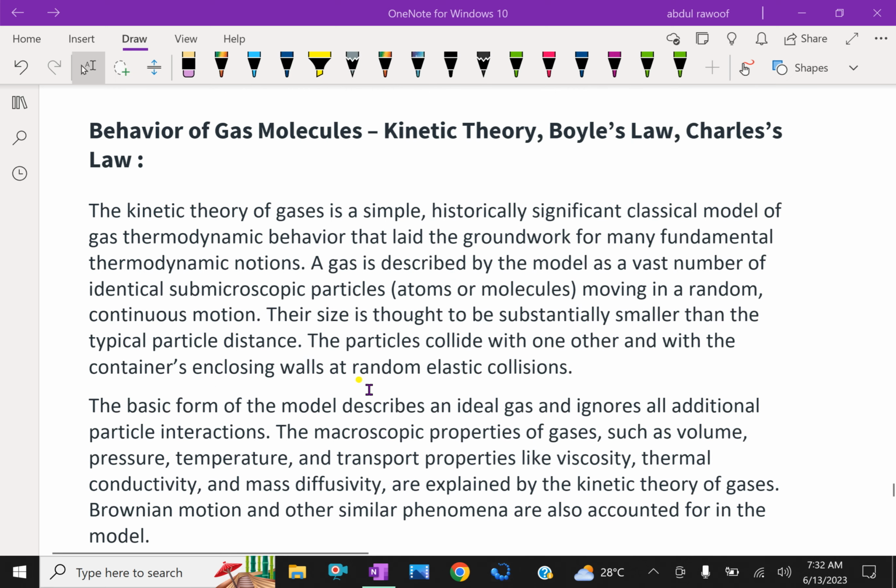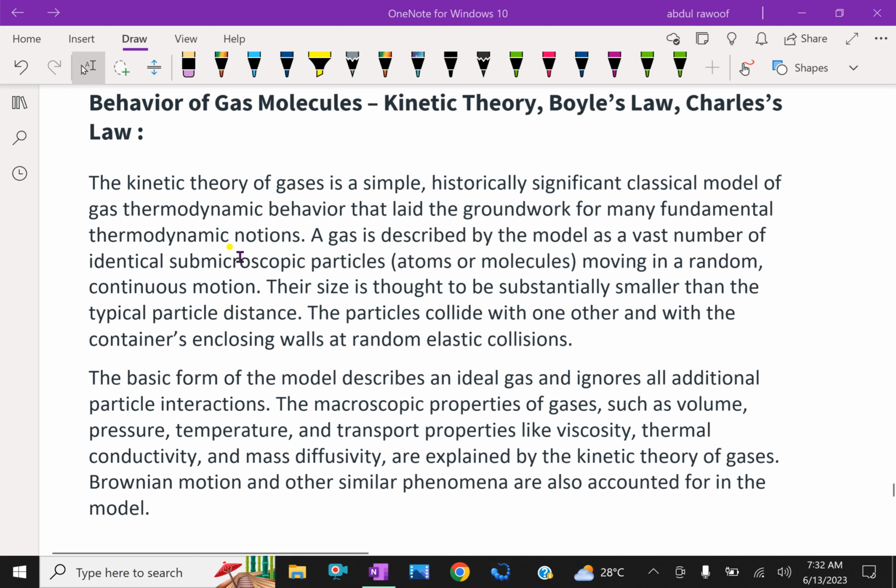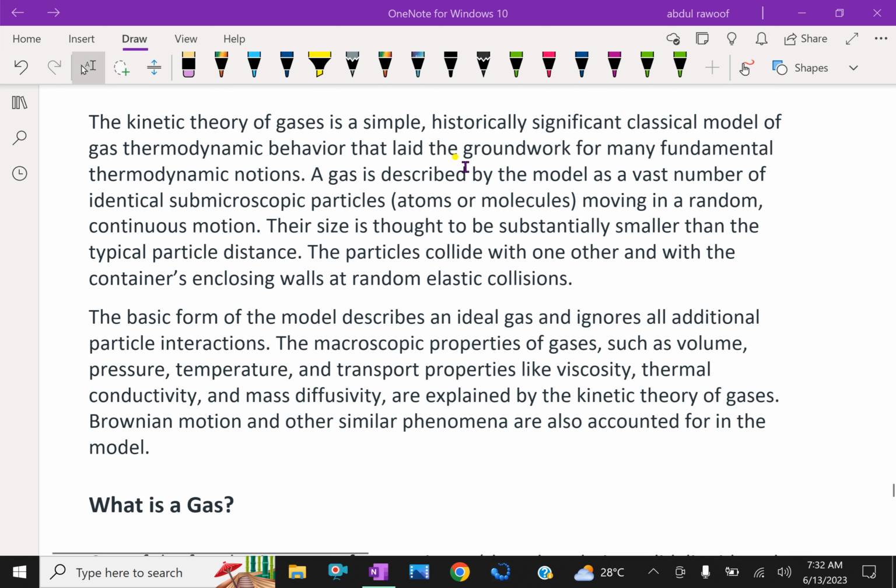Next, we will discuss the behavior of gas molecules, kinetic theory, Boyle's law and Charles' law. Here, behavior of gases and molecules regards the kinetic theory as well as the laws of inert gases and ideal gases. The kinetic theory of gases is a simple, historically significant classical model of gas thermodynamic behavior that laid the groundwork for many fundamental thermodynamic notions.